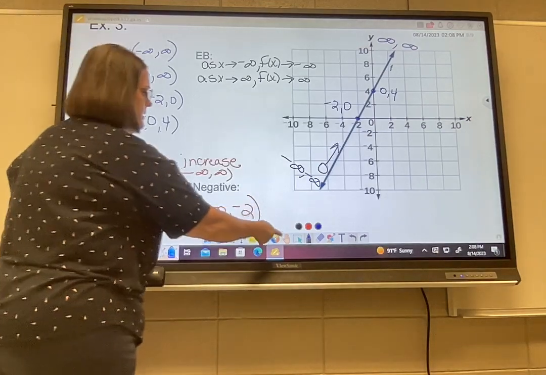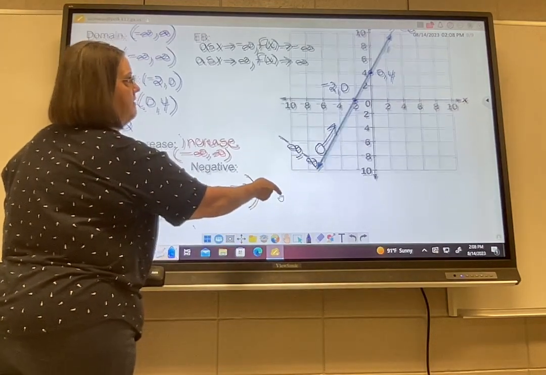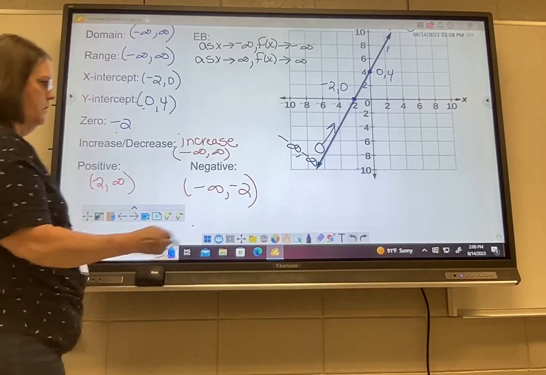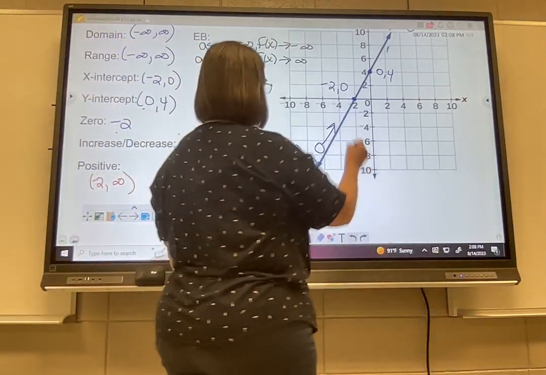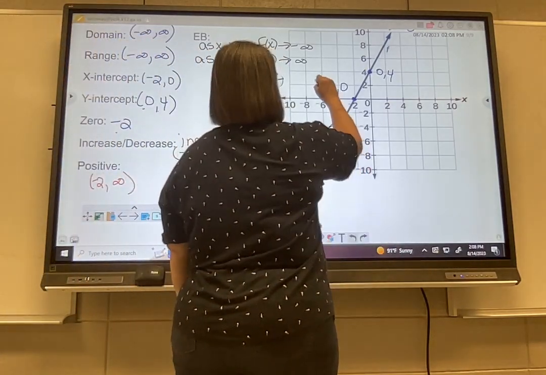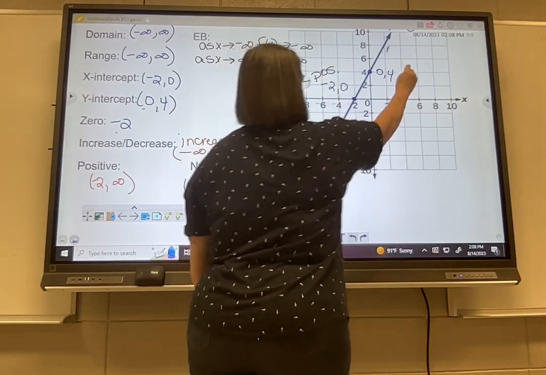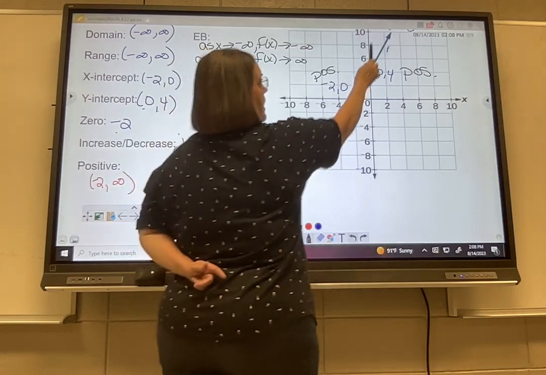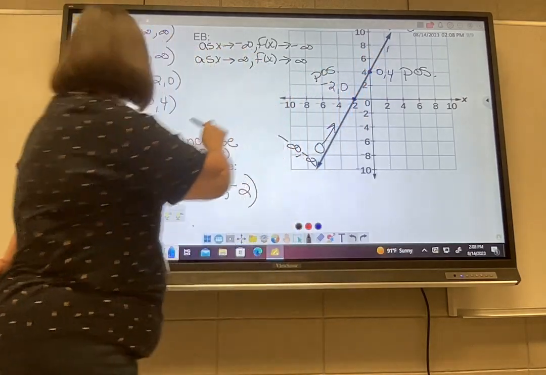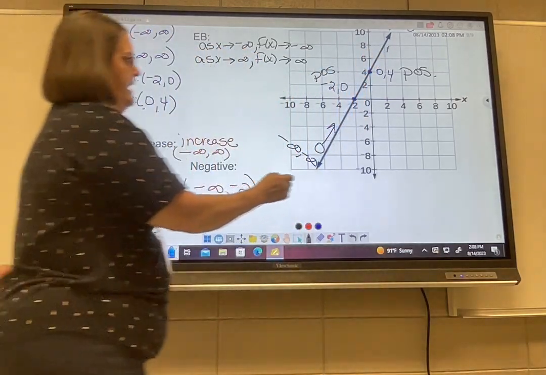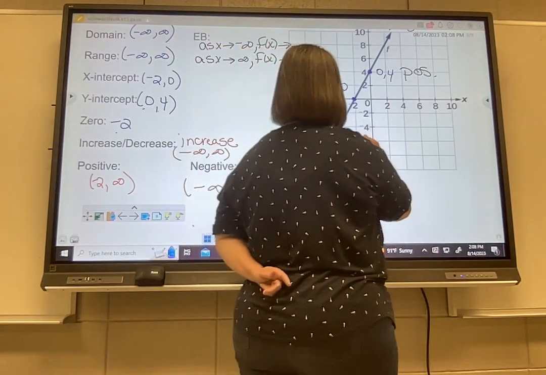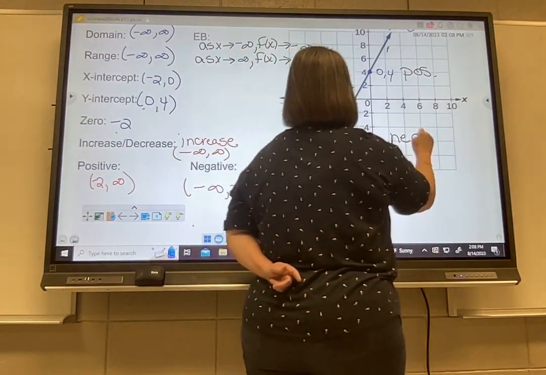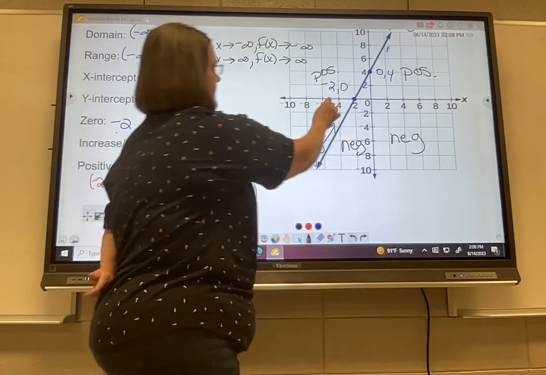All right, now look. Again, where is this graph positive? Remember, when we say the word positive, we are talking about y. Y is positive up here and here, which is the region from negative 2 all the way to infinity. And then it is negative down here, which is from negative infinity all the way to negative 2.